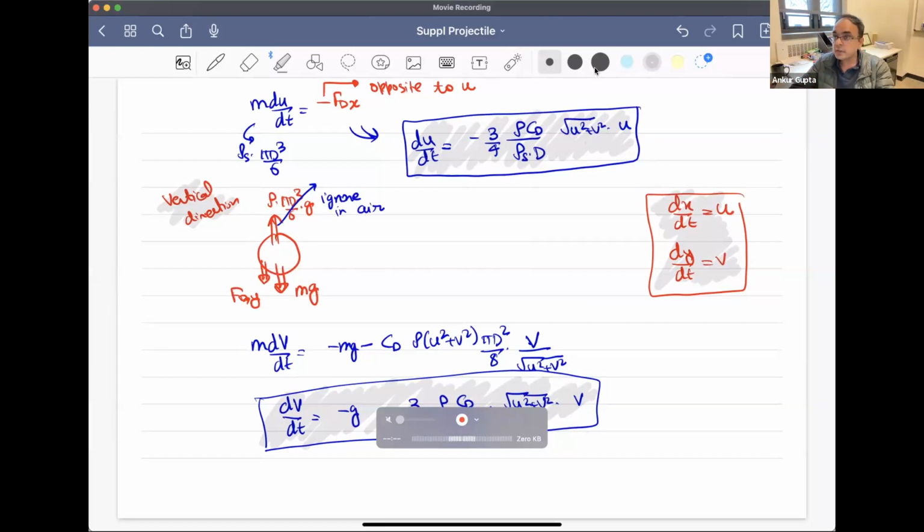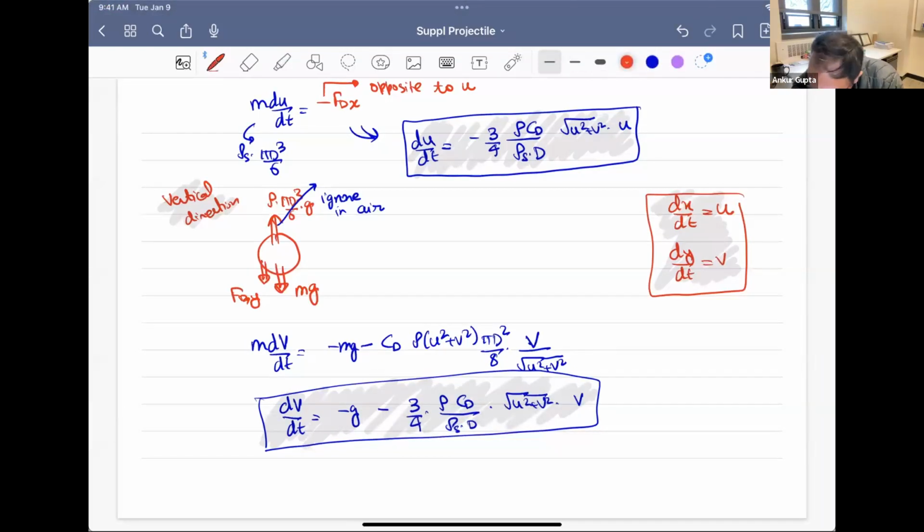So with these four equations, these are numerical. Initially we can say at x equal to 0, y equal to 0, basically at some sort of origin. Then u of 0 equals u naught cos theta, some value we give, and the projection angle, and v of 0 equals v naught sin theta.